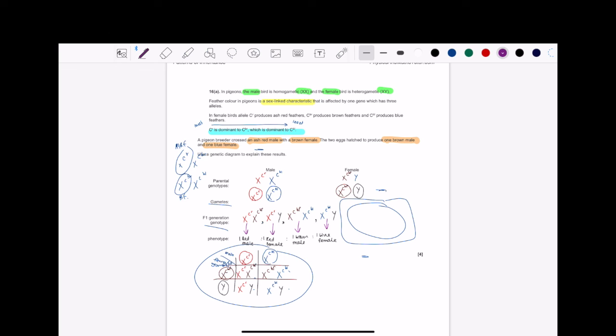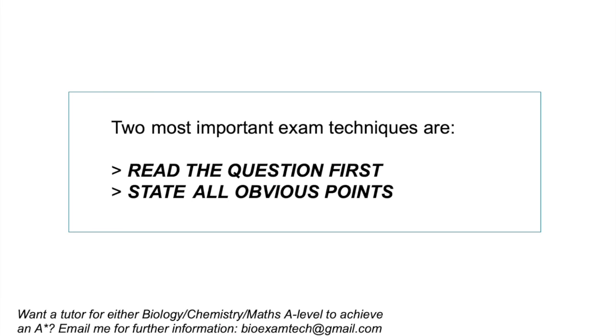Before it was dihybrid inheritance, here it's sex linkage, and it could come up as another version as well. The more practice you do, the better and more confident you'll be. And they're such easy marks. 4 marks could be the difference between getting an A and an A star, for example.